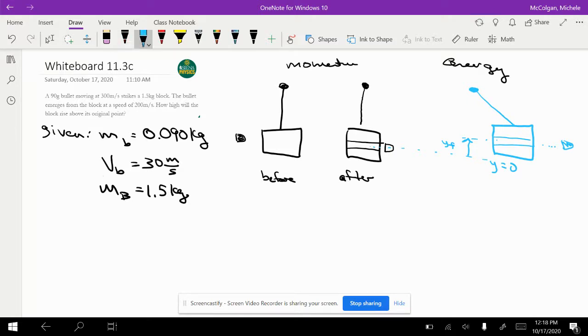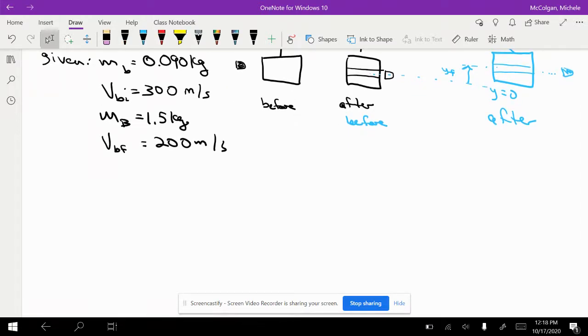And for energy, this is before and after. But I think I wrote this kind of wrong. This was 300, yeah, that's 300. And this is V_B initial, meters per second. And then V_B final is equal to 200 meters per second.